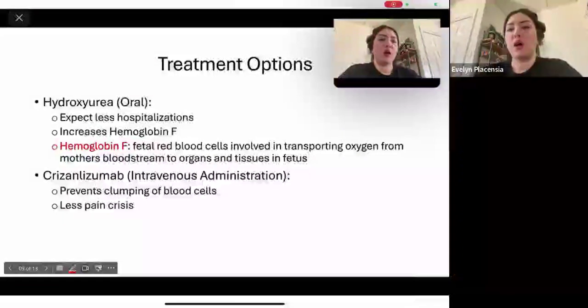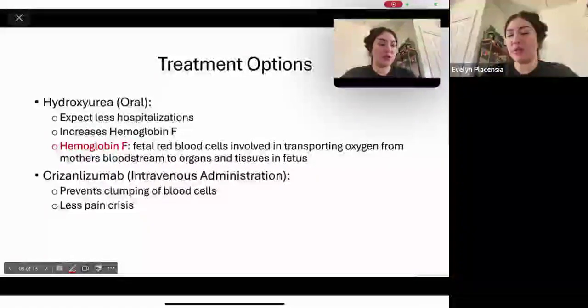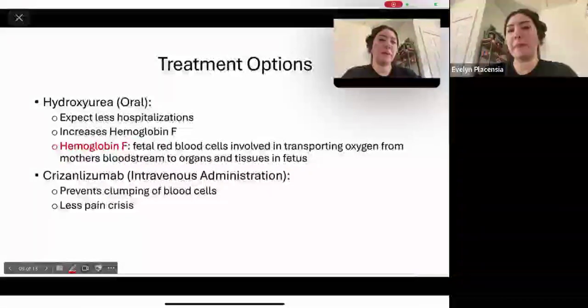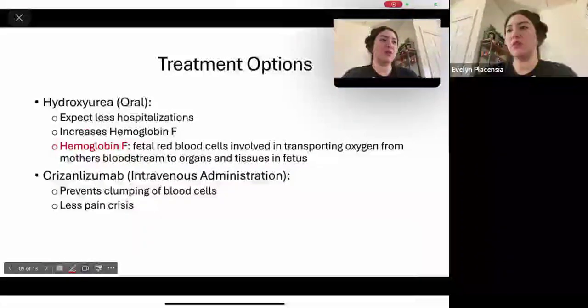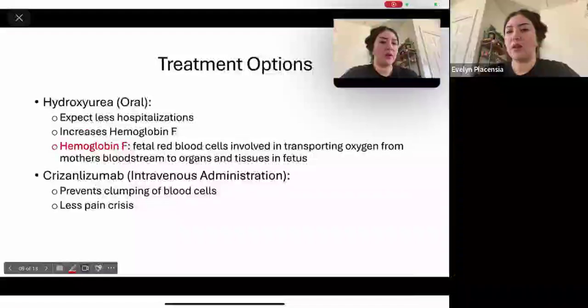So a fun fact about hydroxyurea, it's used to treat certain types of cancer, but for sickle cell disease, it's administered in lower doses. And let's move on to crizanlizumab. This is administered intravenously. It's given through the IV line in the vein once a month and helps prevent blood cells from sticking to the blood vessels.